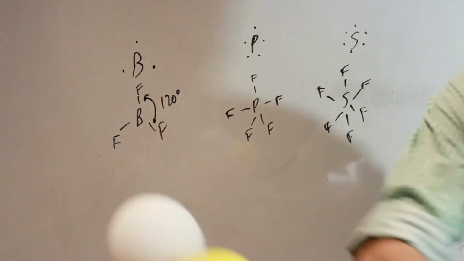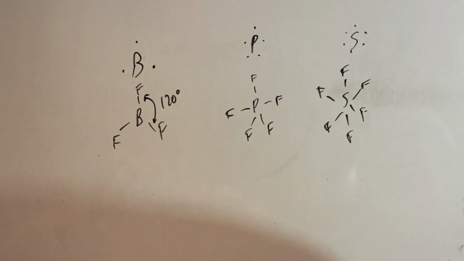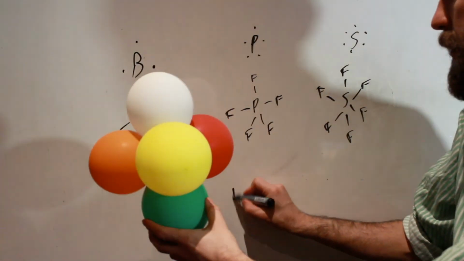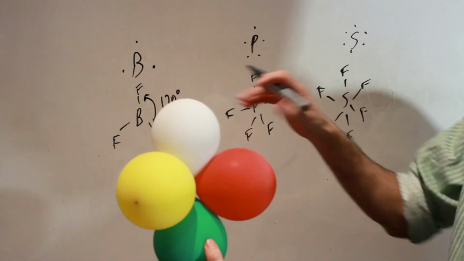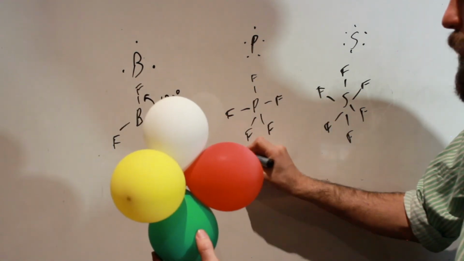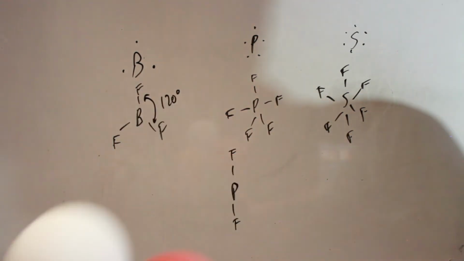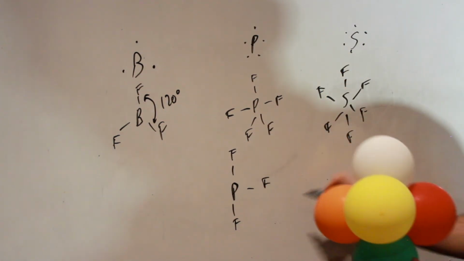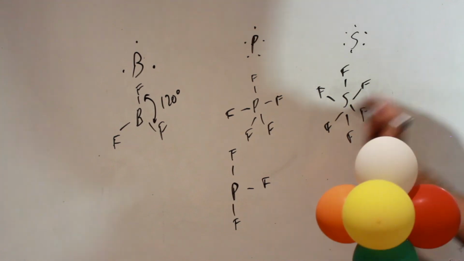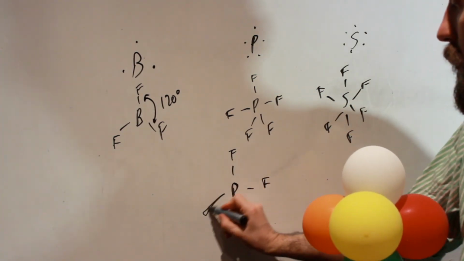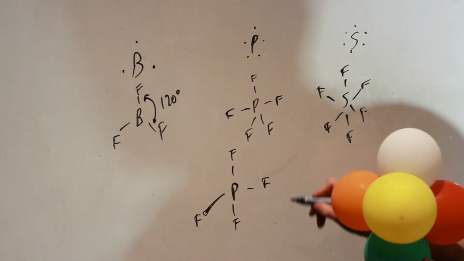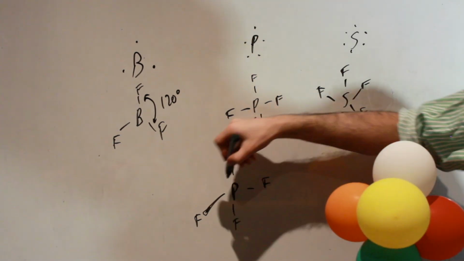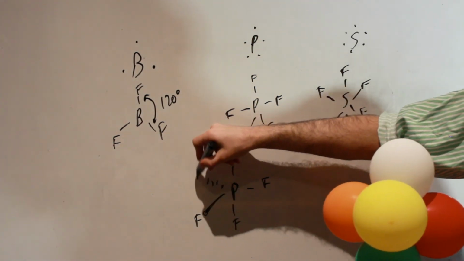So my phosphorus has the white balloon and the green balloon on the same plane. Then we've got a red balloon over here on the same plane. Yellow balloon is coming out, that's the 4th one, and then the 5th one, the orange balloon, is going back behind.